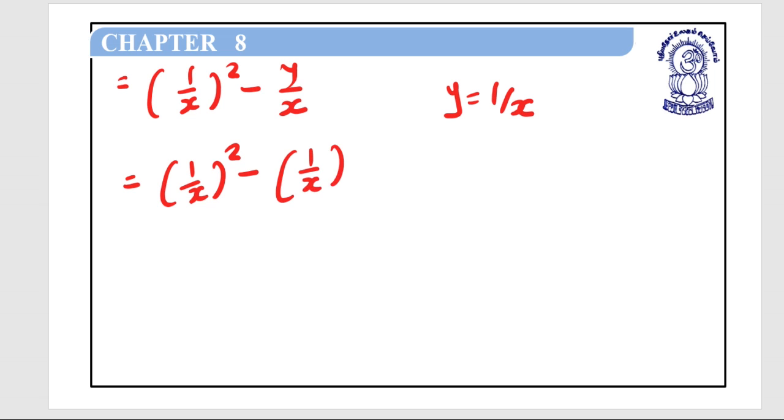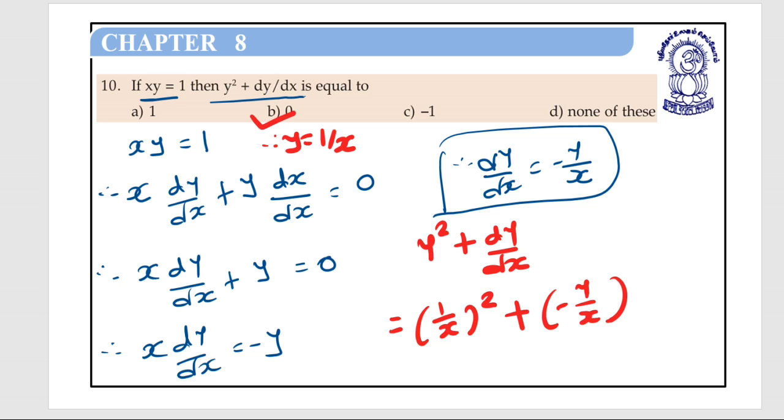So 1 by x² minus 1 by x² is equal to 0. So option B is the right answer.